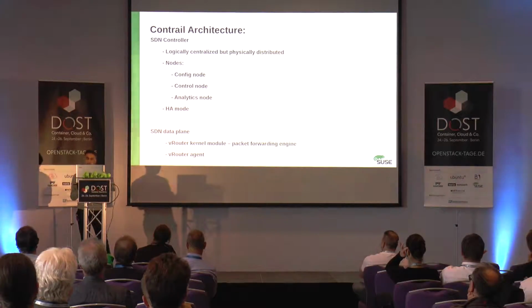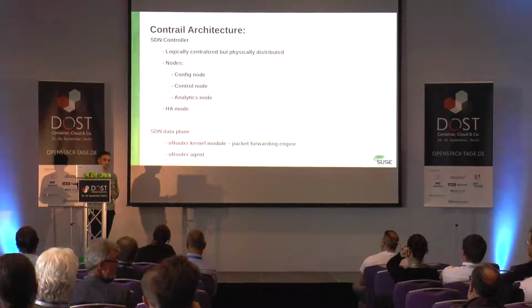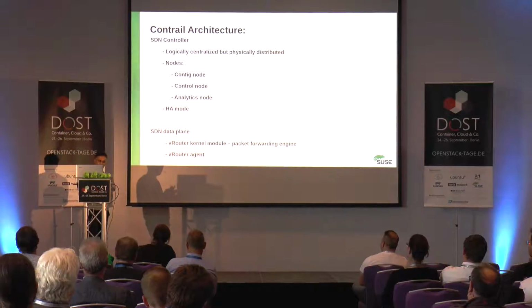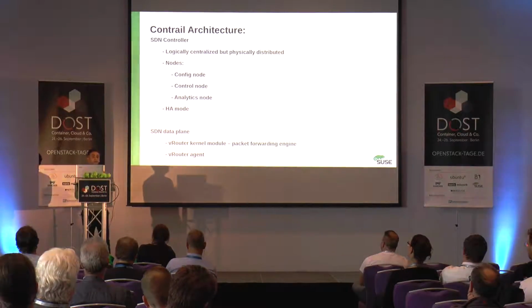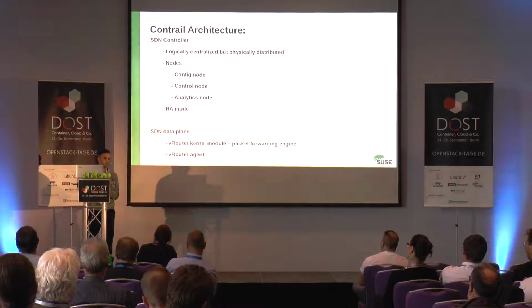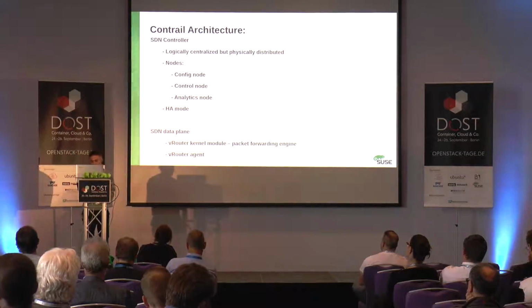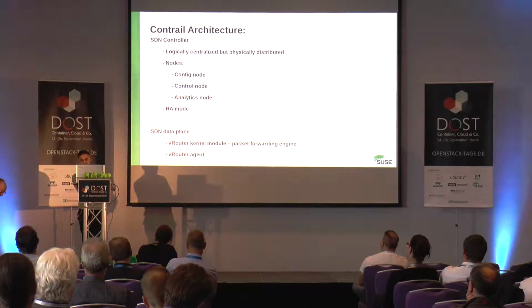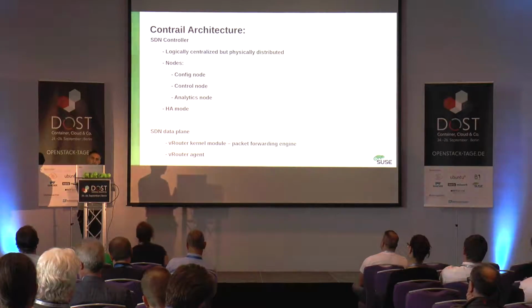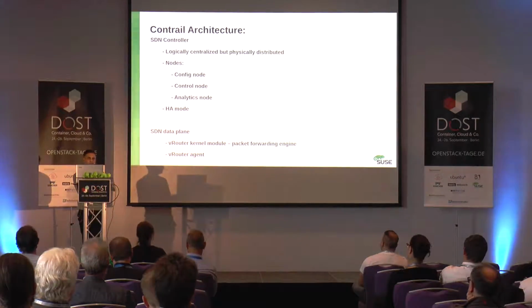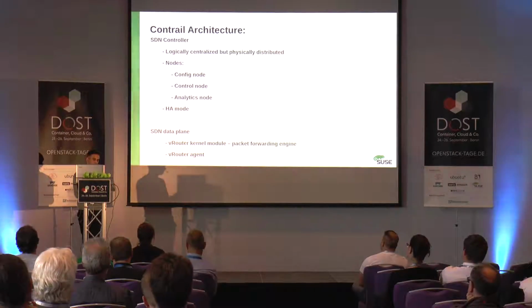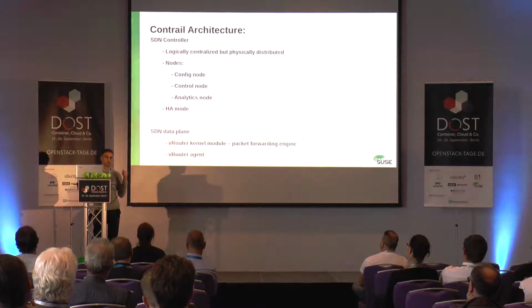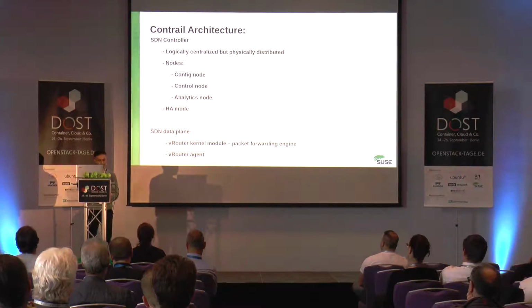Along with that, you also get another module, which is called analytics. This collects statistics and logs that can help you debug any issue that you may face with the network. So that is the control plane. On the data plane side, you just have a forwarding engine, which is a kernel module, the vRouter, and an agent that basically creates an information base for the forwarding engine to use.